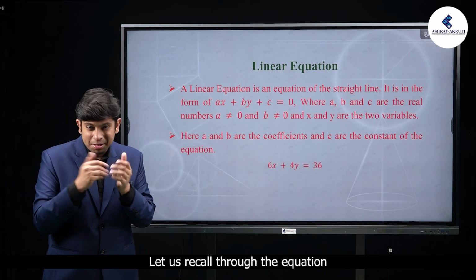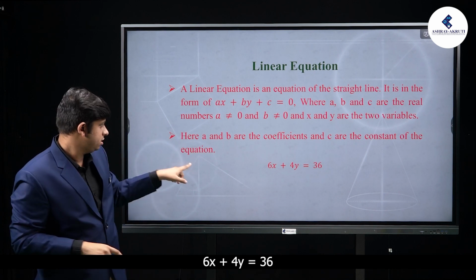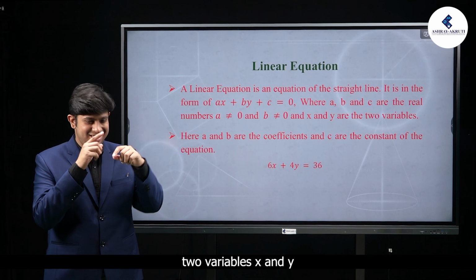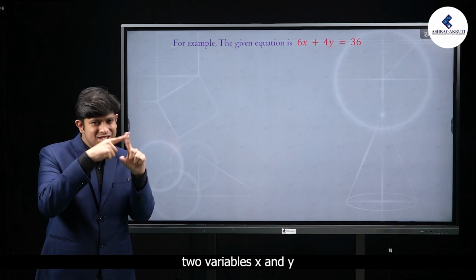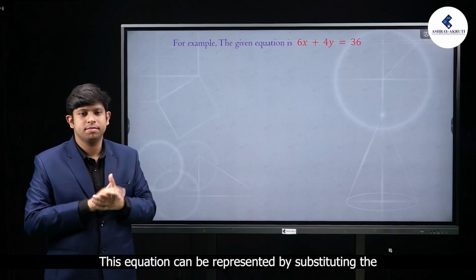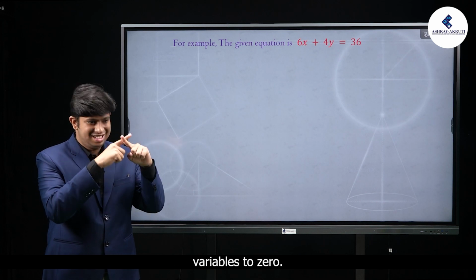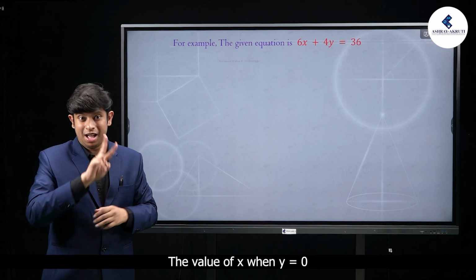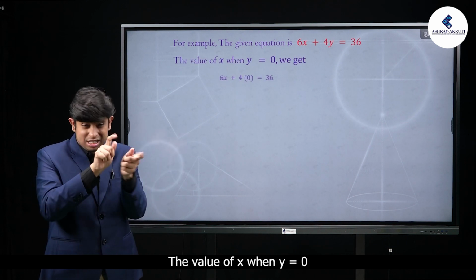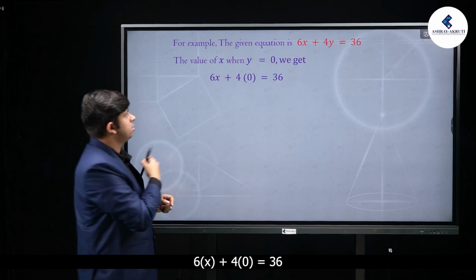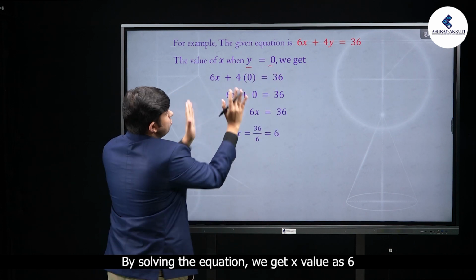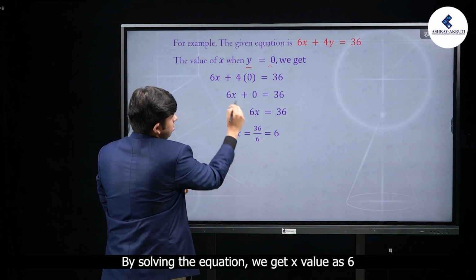Let us recall through the equation 6x plus 4y equal to 36. The above equation has two variables x and y. Graphically, this equation can be represented by substituting the variables to 0. The value of x when y equal to 0 is 6 into x plus 4 into 0 is equal to 36. By solving the equation, we get x value as 6.